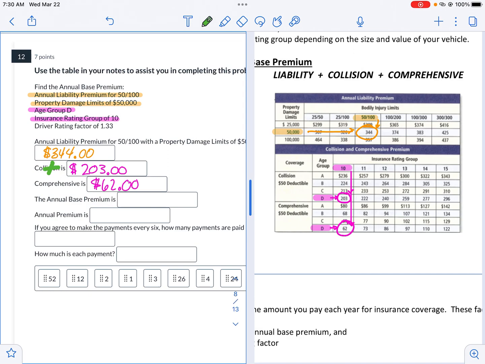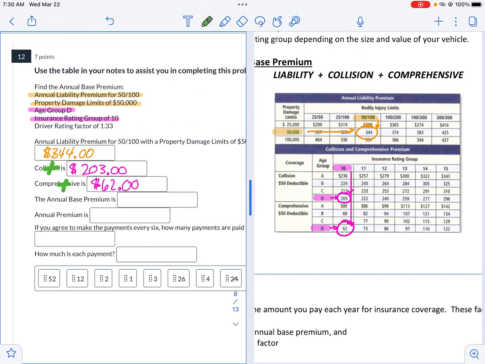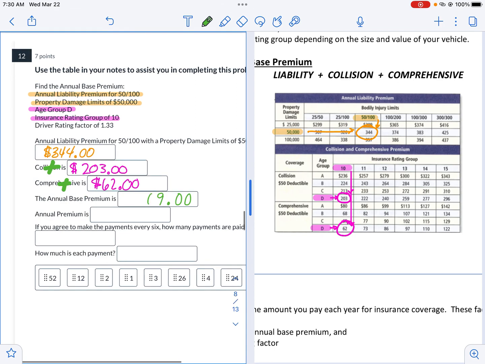So we're going to take this, and we're going to take this. And when we add those numbers together, 4 plus 3 is 7, plus 2 more is 9. 4 plus 0 is 4, plus 6 is 10. I think we get $609.